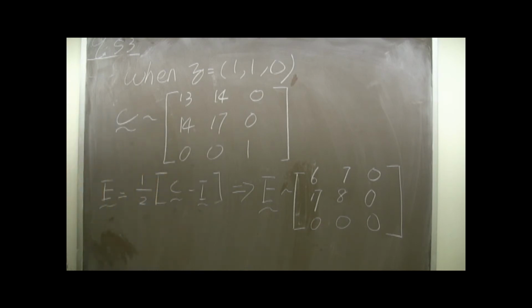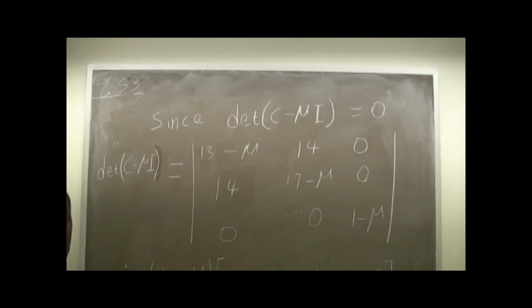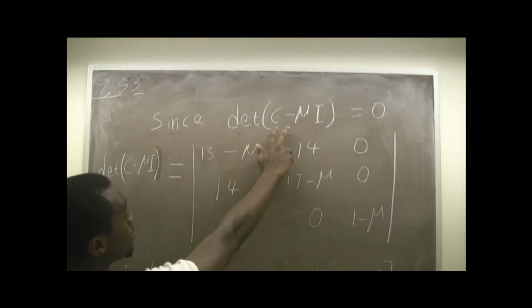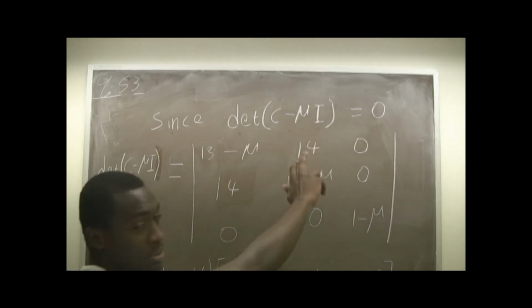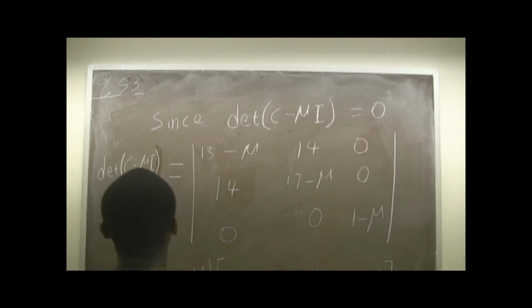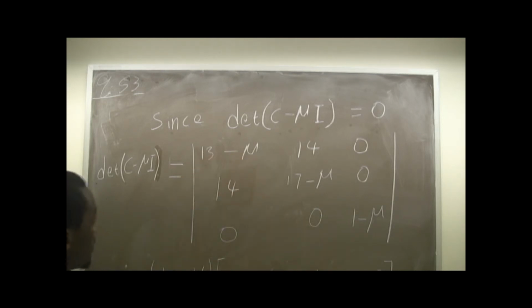Right. Eigenvalue and eigenvector of C and E. For C, we know that the determinant of C minus mu I, where I is the identity matrix, equals 0. The determinant of C minus mu I is given like this, which is C minus mu on the diagonal.